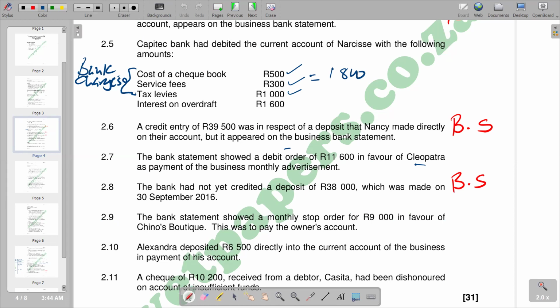So the stop order of 9,000 should be on the credit side. Remember, it's money that is going out. So it should be on the credit side of the cash book and then the debit side of the bank statement. So we are going to update it by going to the credit side of the cash book, 9,000.